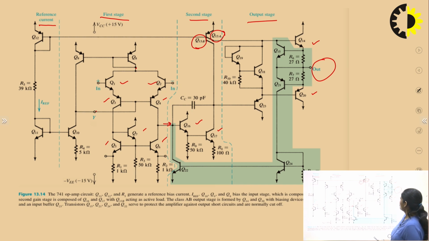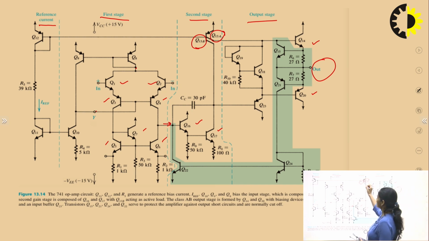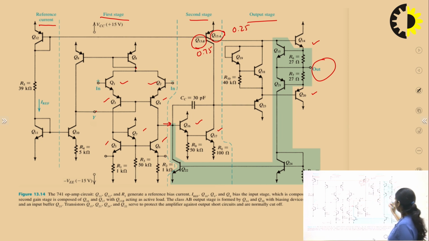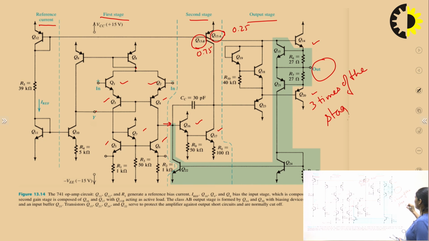Now one more thing I want to tell you, that there are two transistors Q13A and Q13B. So collector current of these two transistors are in parallel and in proportion. Here is 0.75 and here is 0.25. And area of the output stage, means output transistors Q14 and Q20, its area is 3 times of the standard transistor, sorry.